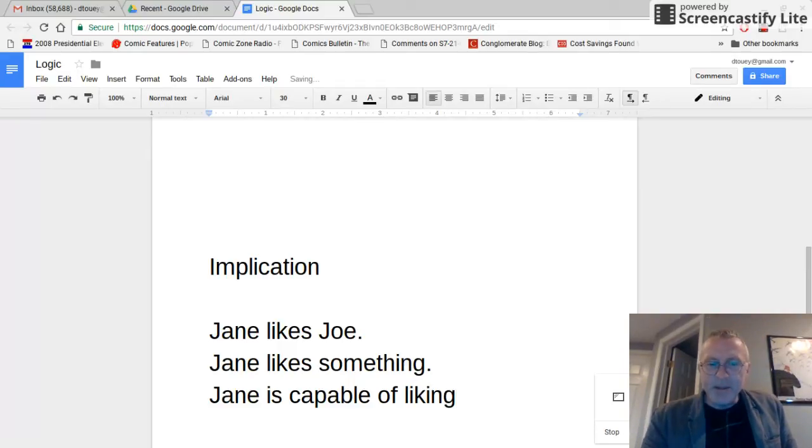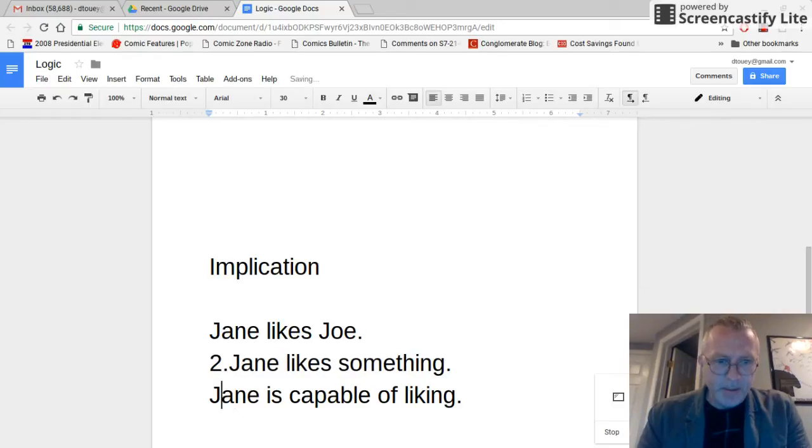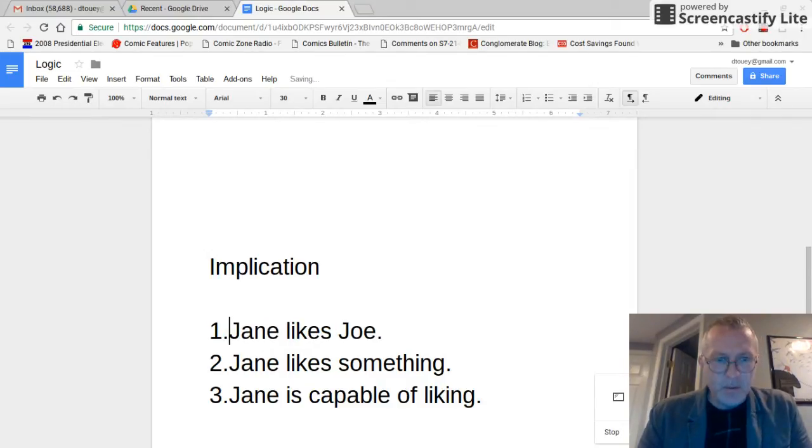But the idea is that the first statement implies the second and the third. That this second statement and the third statement are implied by the first statement, or that the second statement and the third statement are implications of the first statement.